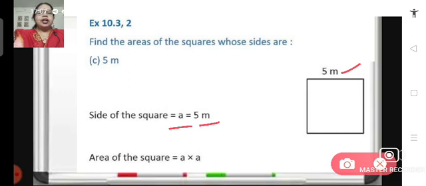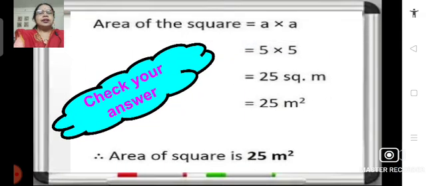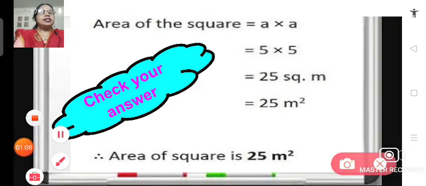So we have learned how to find the area of the square. It will be side multiplied by side or A multiplied by A. So, what is the answer? When we multiply A by A, that means side into side, it will be 5 into 5, isn't it?